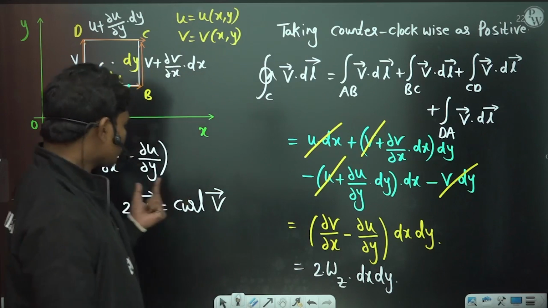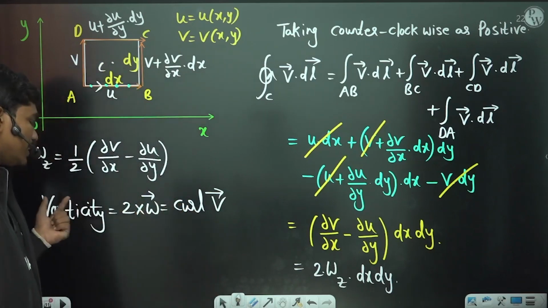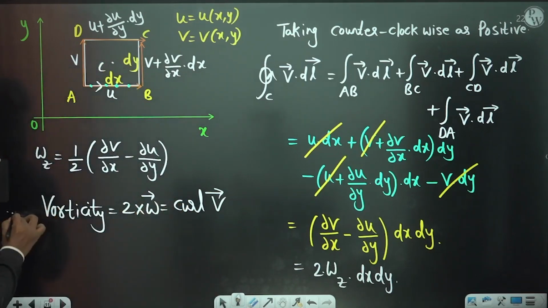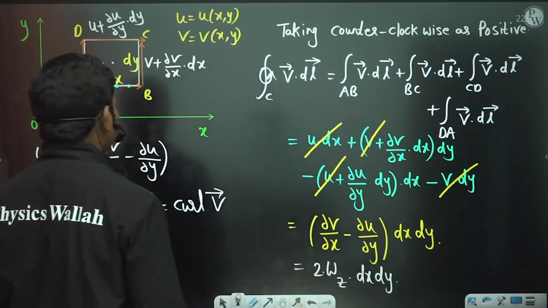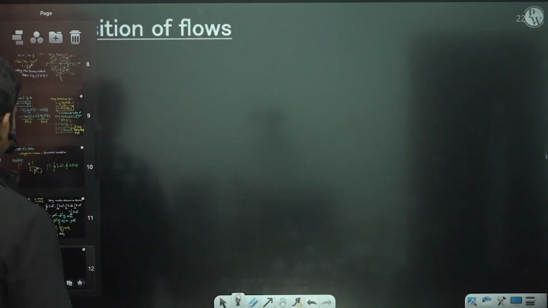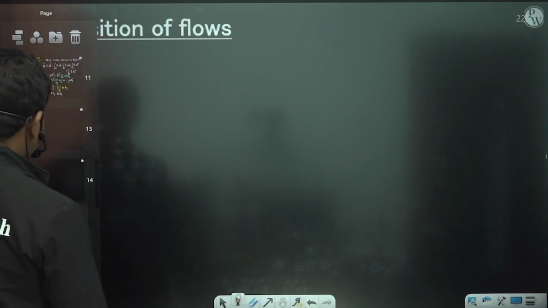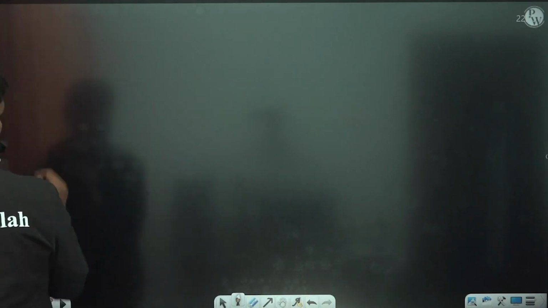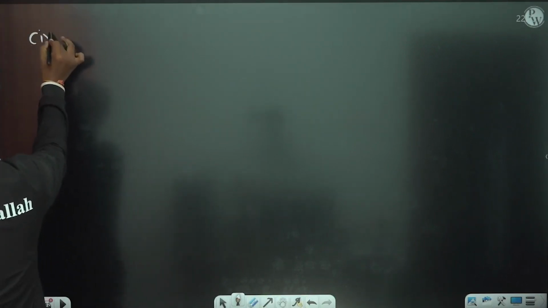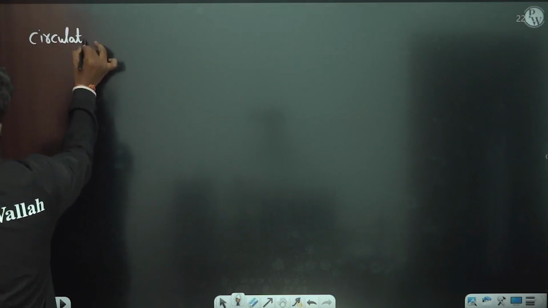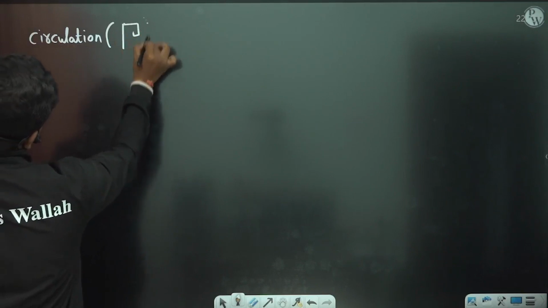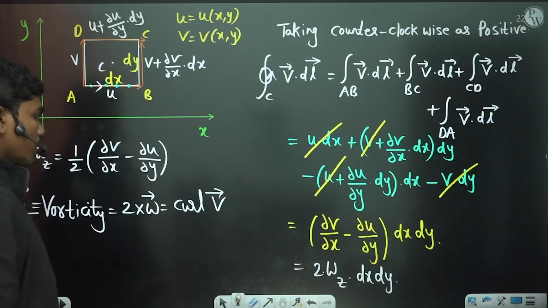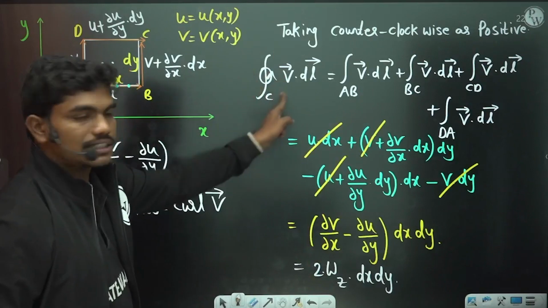Now 2 times the angular velocity is nothing but curl V, which is known as the vorticity vector. This vorticity is given by the omega symbol which we have seen. So this is omega z into dx dy. Therefore circulation, the symbol of circulation gamma, is equal to this, the circulation we have taken totally.